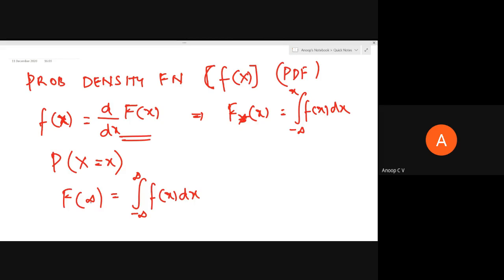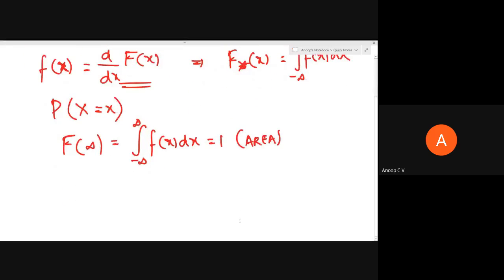We have already seen in the previous page that the probability that a random variable is less than or equal to infinity is always 1. So this is equal to 1, which means the area under the probability density function graph is equal to 1. That is a very important result, you should keep that in mind.